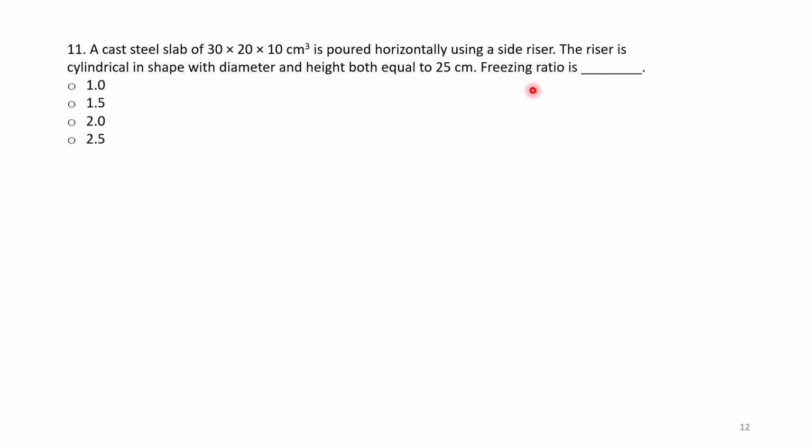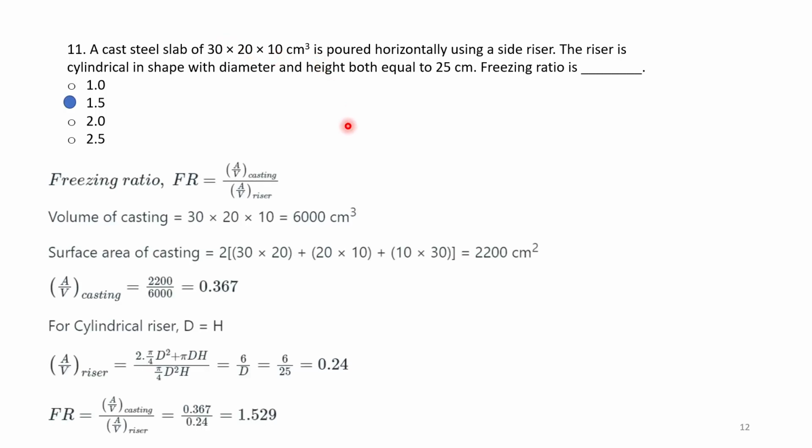Okay, so for calculating freezing ratio, you should know the surface area and volume formulas for various shapes. So here, freezing ratio you already remember, A upon V for the casting divided by A upon V of the riser.